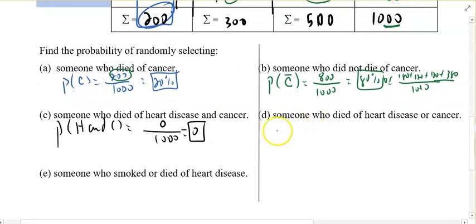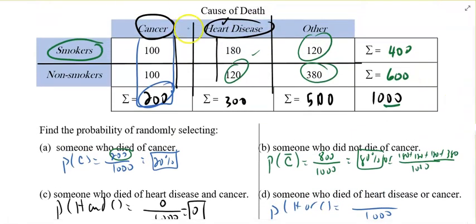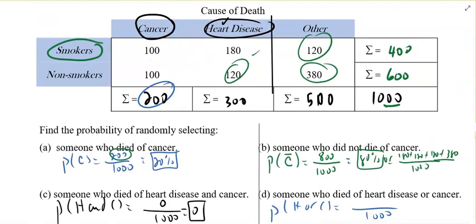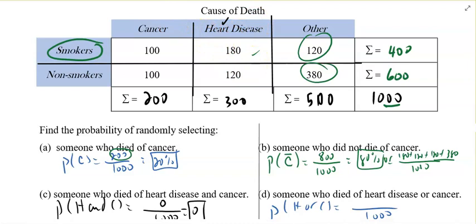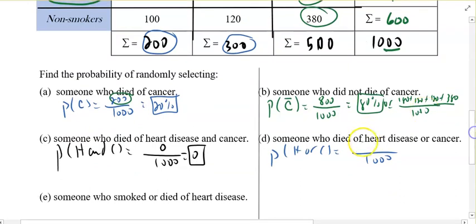And the probability that someone who died from heart disease or cancer out of 1,000, heart disease or cancer. Heart disease, there are 300. Cancer, there are 200. That's 500. That's 50%.